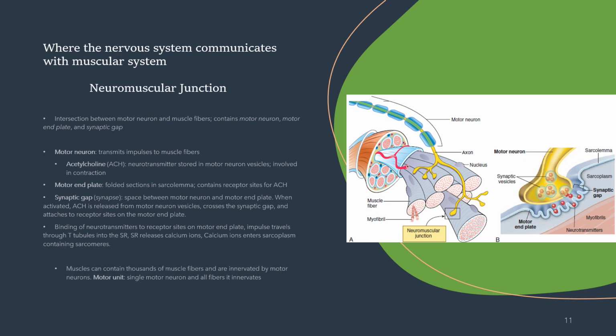I want you to be familiar with what is happening, what is powering that, what's involved with that muscle contraction. So that's between the motor end plate, the motor neuron, and how it goes across that space called the synaptic gap. Again, use the pictures on page 400 to help you see what is actually happening as you're looking at those definitions.